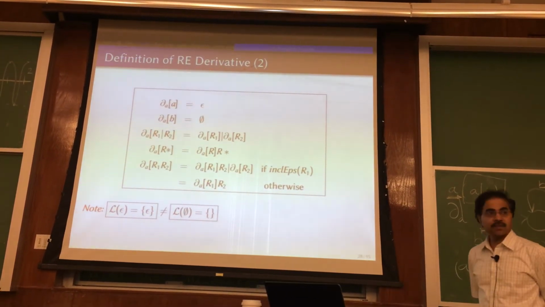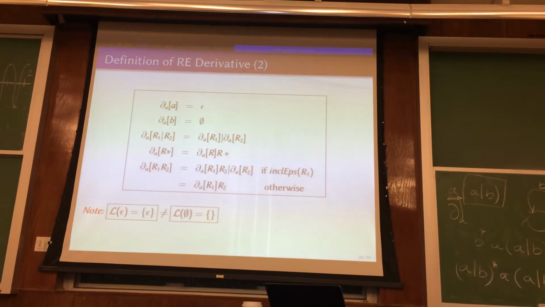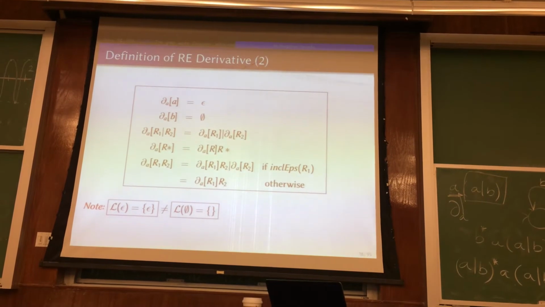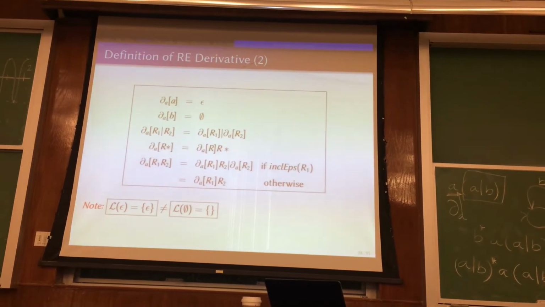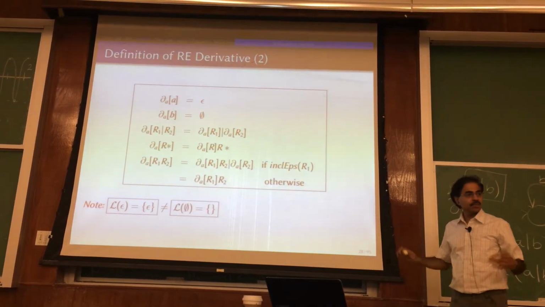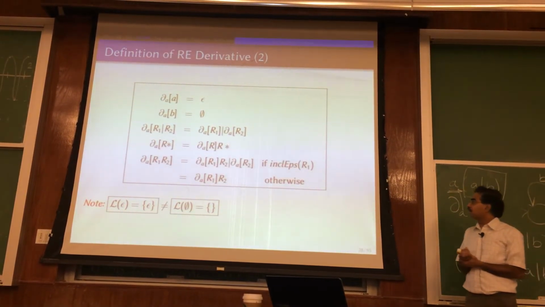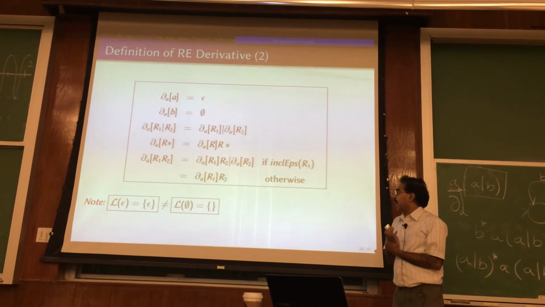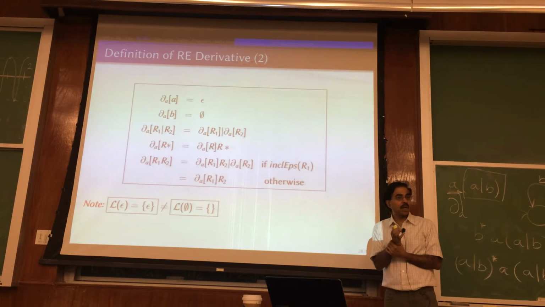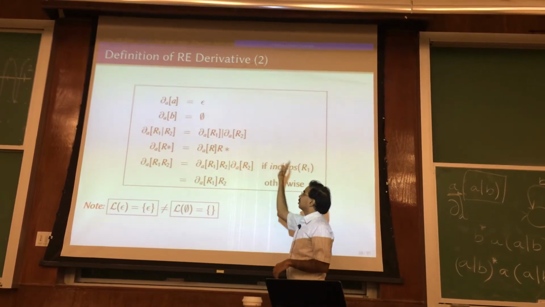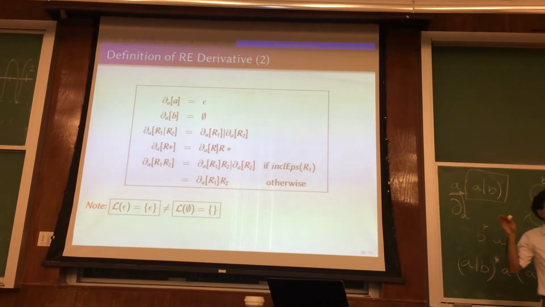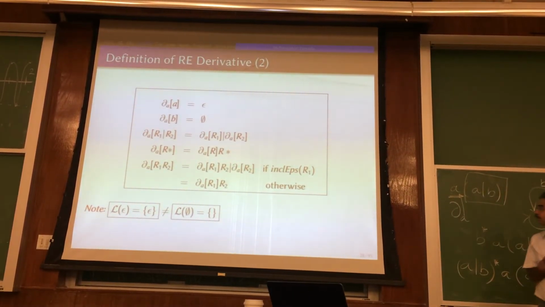Phi corresponds to a failed state, so you are declaring that there is no way to match this string. Now R1 or R2, again it's intuitive. This A might match the first character from R1, or it might match the first character from R2, and therefore we simply push this derivative operation down to R1 and R2.